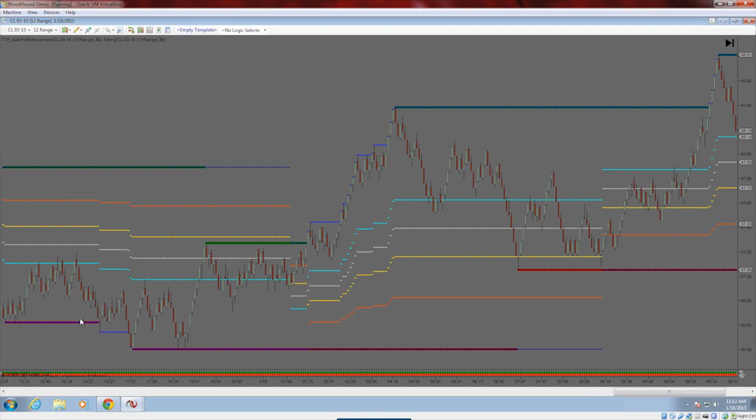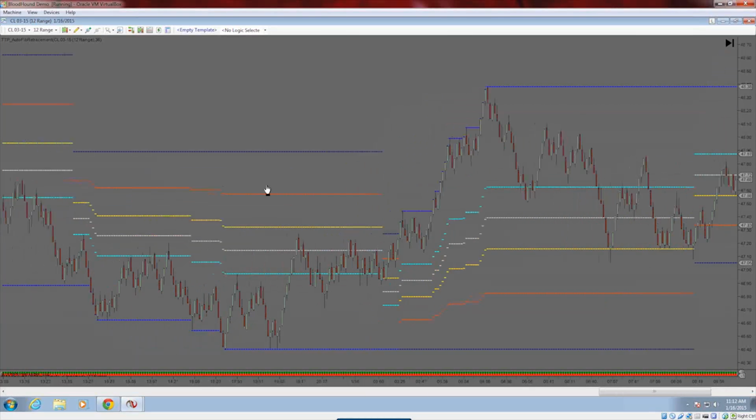So if we're breaking out of the 0% line, which is in blue here, let me just take this swing indicator off because I don't really need it to explain what's going on. If the market is coming down to new lows, the 0% line will be marking the low. And then the 100% line will be marking the closest swing high that's identified by the swing indicator.